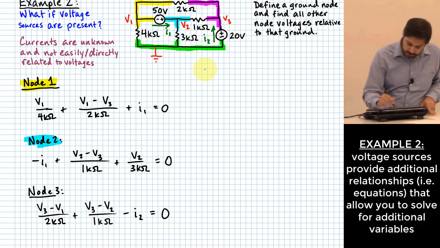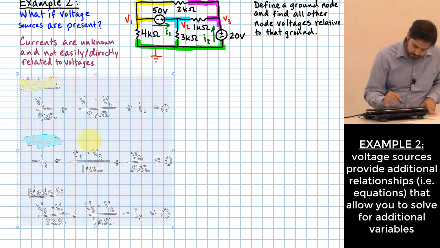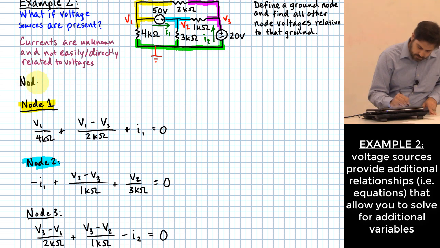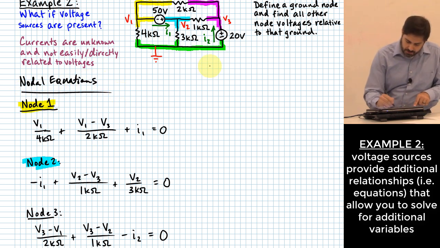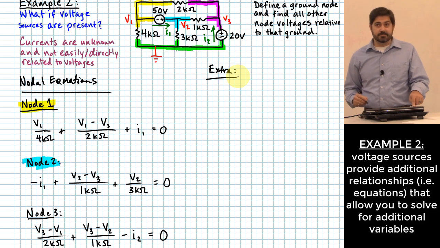So let me put over here, these are nodal equations. I'm going to slide this down just a little bit. These are nodal equations. Okay? But we also have some extra ones. What are our extra equations?